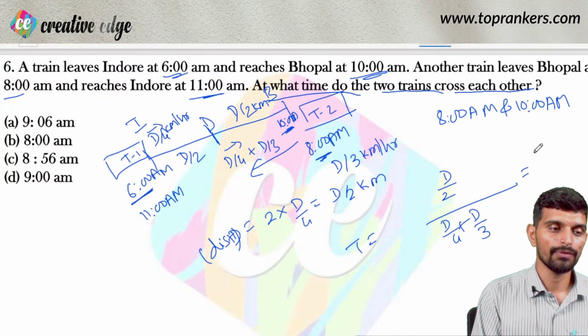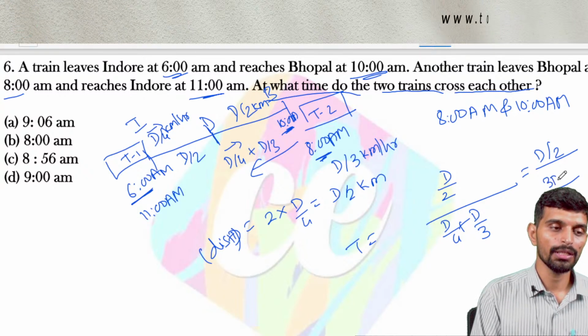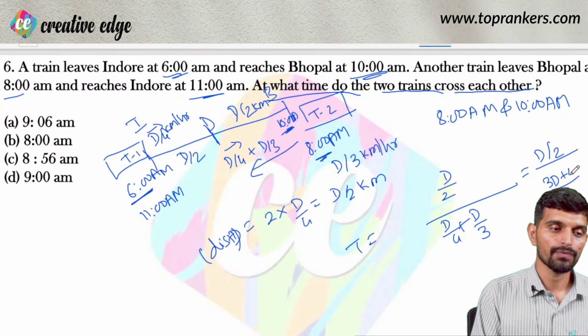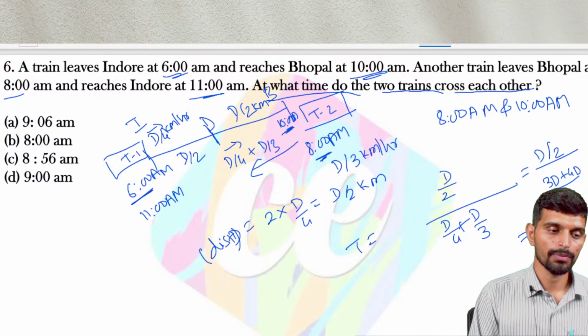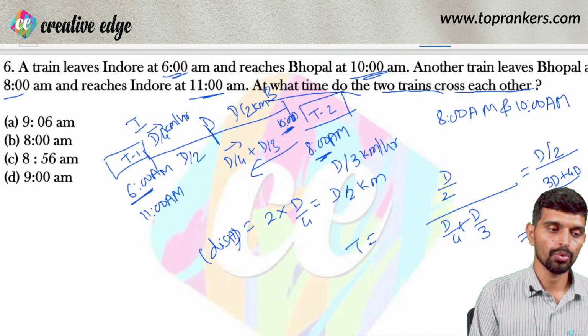Take LCM, that is 12, so that should be 3d plus 4d, that is 7d by 12. Let's simplify. This will be d by 2 into 12 by 7d.